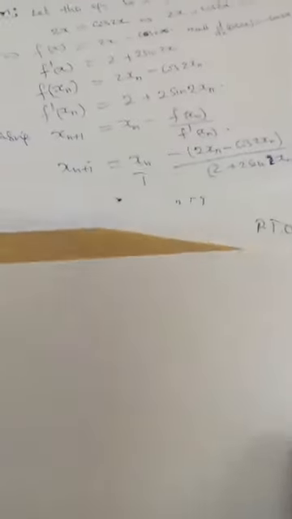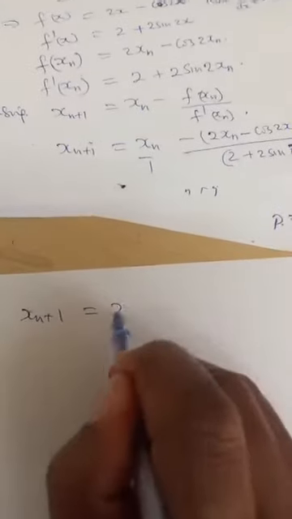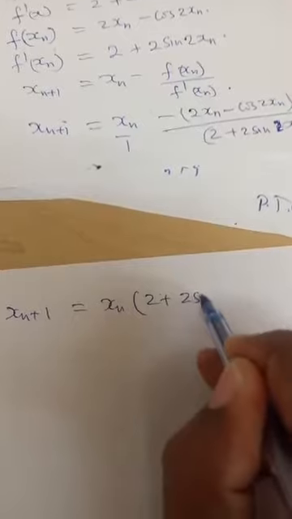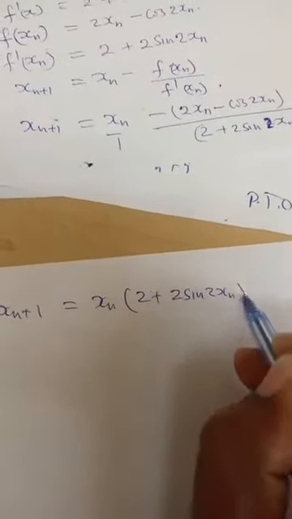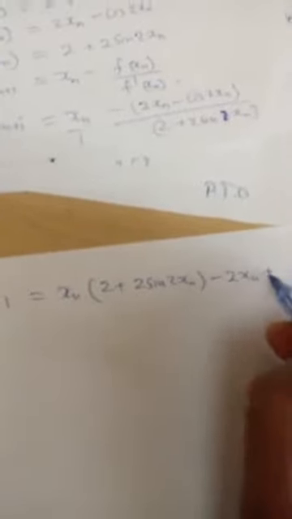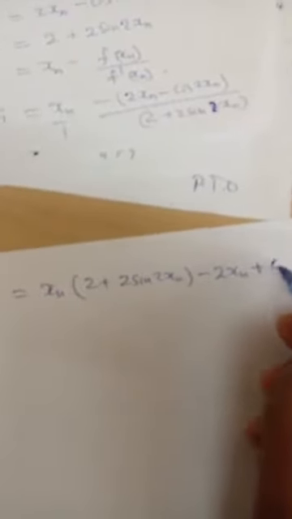If we take the LCM and continue to work through, we shall arrive at an expression that our xn+1 is actually going to be equal to xn into, we are taking this as the whole LCM, minus, if I open a bracket straight away, 2xn plus the cos of 2xn.